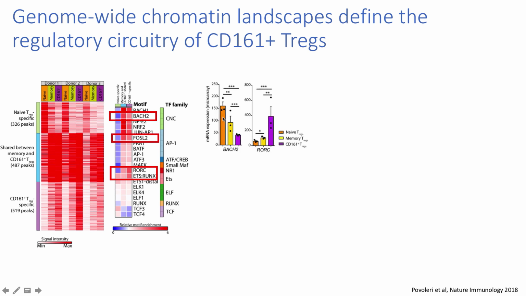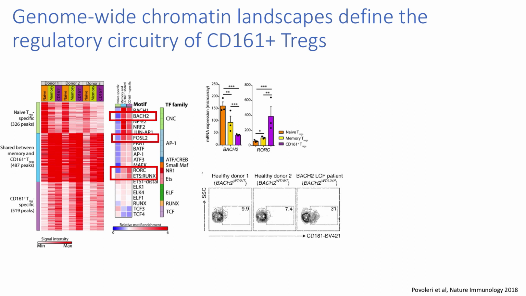However, what was particularly interesting is that when we looked at the expression of this transcription factor, we saw a significant increase in the expression of ROR-C in CD161 positive Tregs, but a significant decrease in the expression of BACH2, which makes sense considering the role of BACH2 as a regulator of the pro-inflammatory program of the cells. It has been described that higher expression of BACH2, especially in Tregs, gives them this regulatory phenotype by blocking the effector differentiation of the cells.